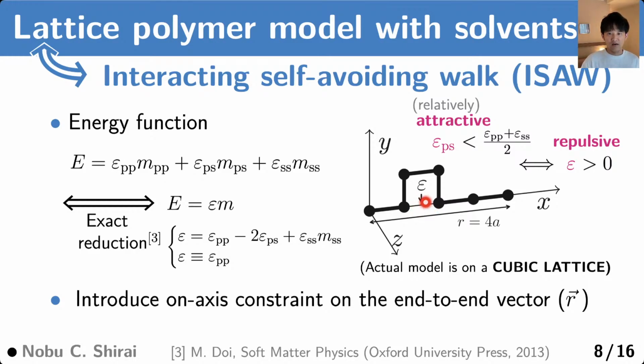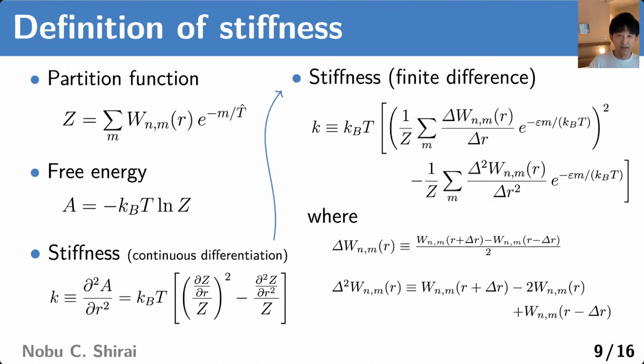Again, if there is a polymer-solvent attractive interaction in the original model, that will be the repulsive one in the converted model. So we think about this repulsive condition from now on, and we put both ends onto one axis to measure the stiffness.